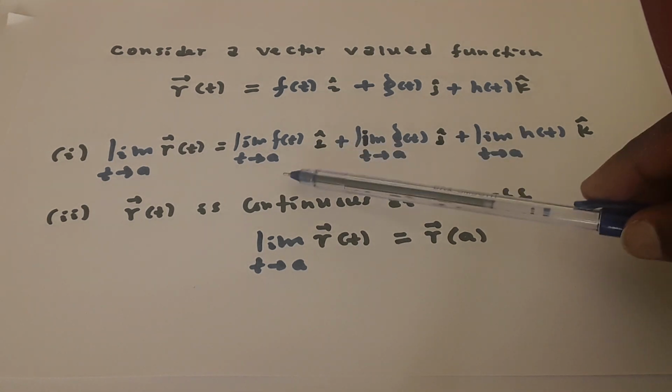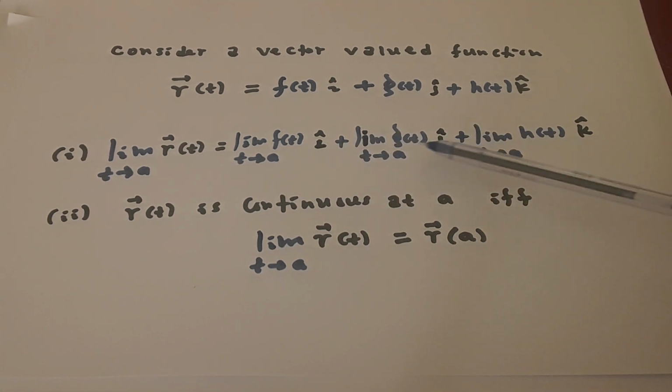Limit of f of t in the i plus limit of g of t in the j plus limit of h of t in the k, as t tends to a. Since f, g and h are scalar valued functions, the computation of the individual limits is like the computation of limits of scalar valued functions you have seen so far in calculus.